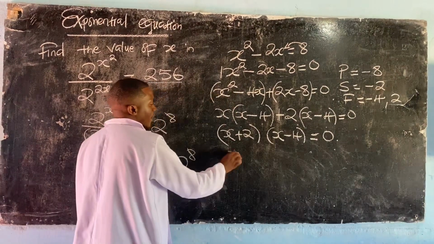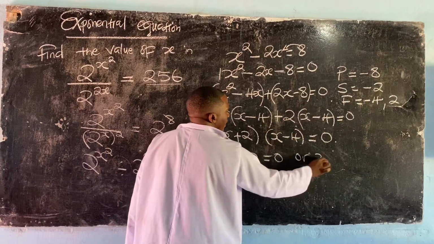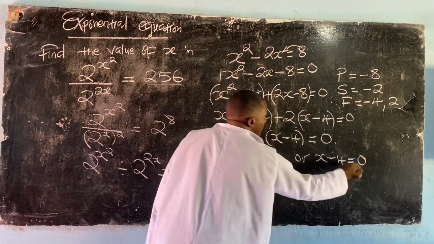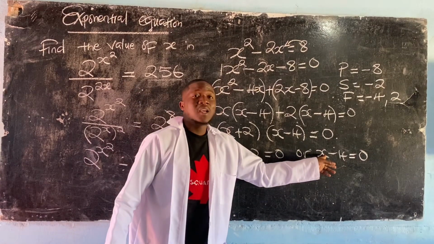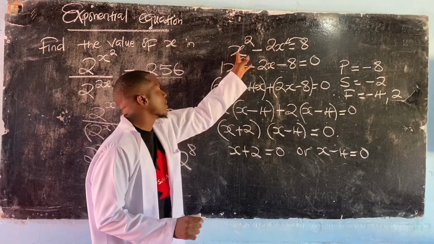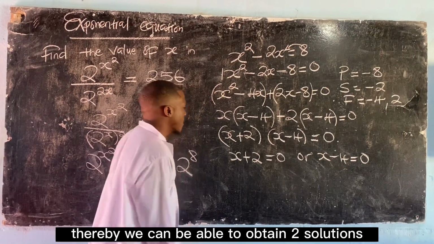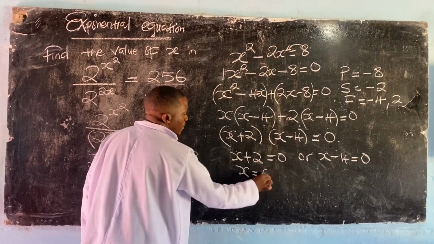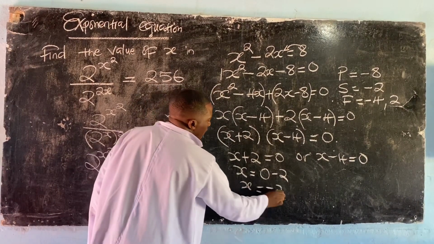So I'm going to say x plus 2 equals 0, or x minus 4 equals 0. I'm going to find the value of x here and the value of x here. Having seen that the equation was raised to the power 2, we can obtain two solutions. We're going to say x equals 0 minus 2, and this becomes x equals negative 2.